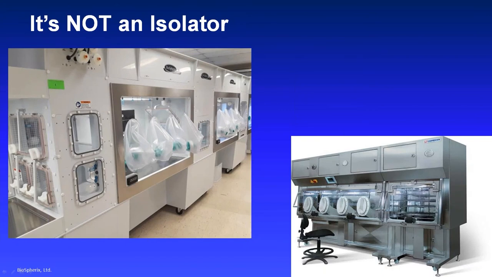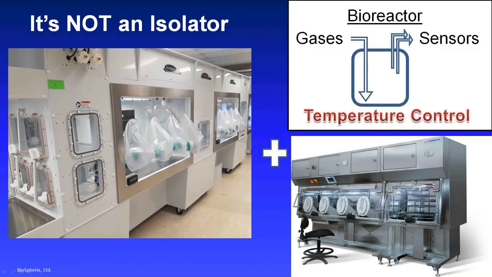Now, it looks kind of like an isolator, the Xvivo system, but it really isn't like it in a lot of other ways. So it has the gloves and sleeves that you work through. It doesn't have that hard glass front that a traditional isolator has that leaves you working like T-Rex in there and bumping your arms on the hard glass. It's different in a lot of other ways too, particularly for the cells.